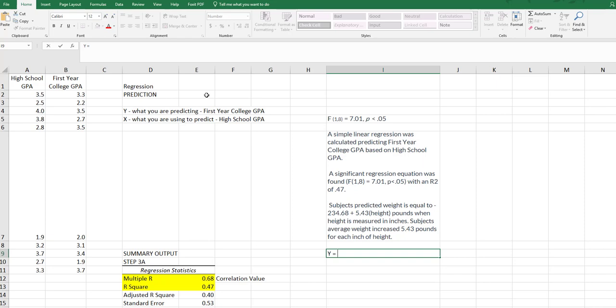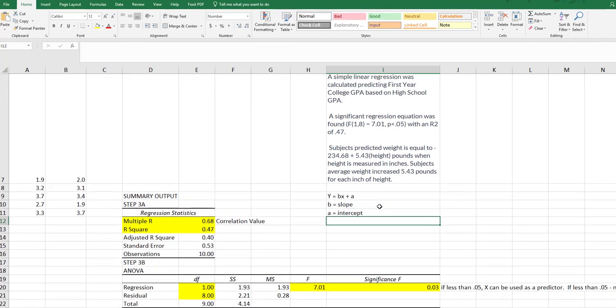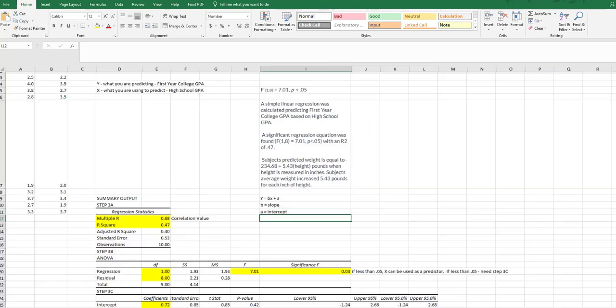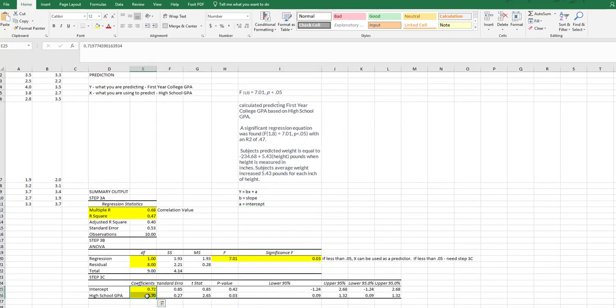With this class, we're working with bx plus a. Remember where b is the slope and a is the intercept. Both the slope and the intercept we get from our Excel, right here.